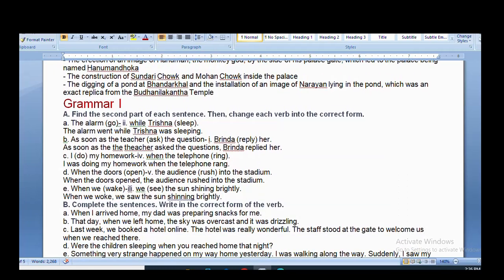Now let's start the grammar section. In the grammar section, it is especially about simple past and past continuous tense. Let me remind you about some rules to be followed while using simple past and past continuous tense.